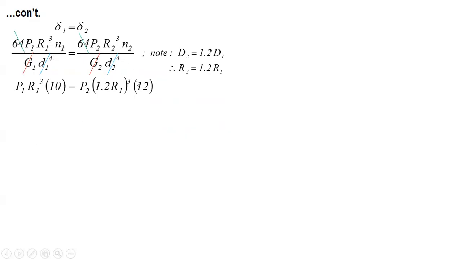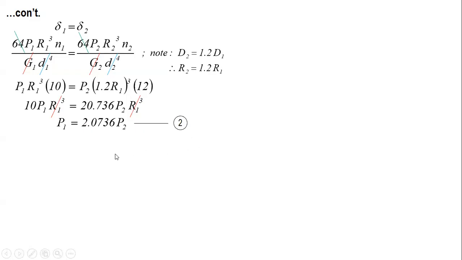And then 1.2 raised to 3 times 12, we have this one. Oh, R1 cube cancels. And then 10, divide on the right. We have P1 equal to 2.0736 P2. This will be our equation number 2.